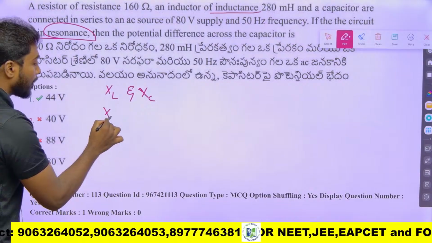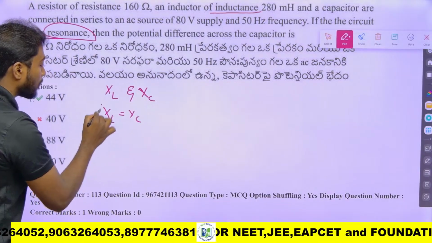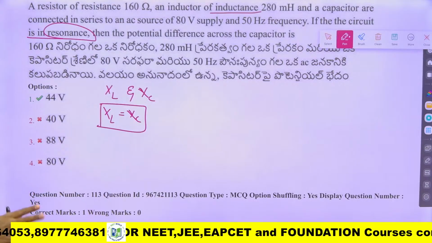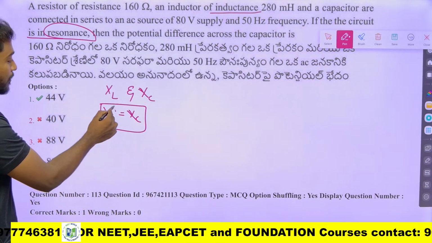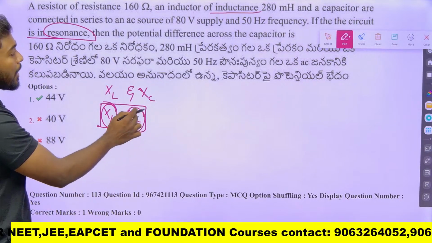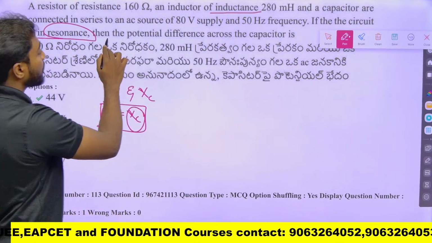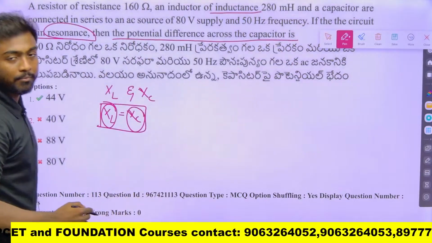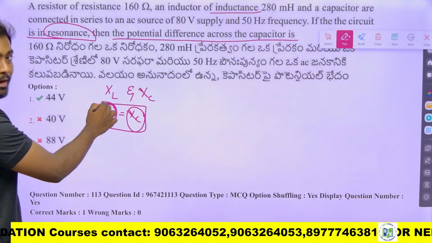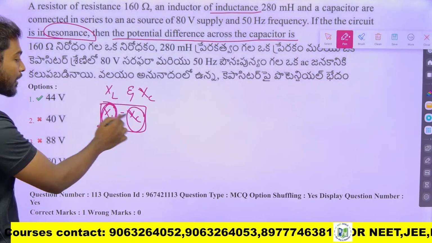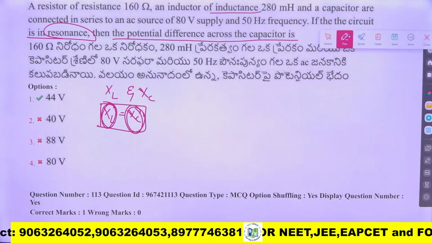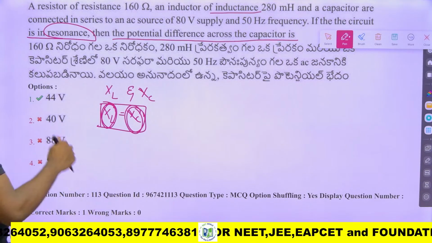Resonance means nothing but that both are equal, capacitive and inductive reactance. For inductance they have given the value, for capacitance they have not, but they asked for the potential difference across the capacitor, am I correct? So I can use this formula, find the answer, and use the same for the capacitance also. By that I can get the answer.